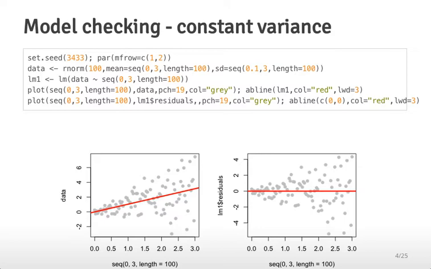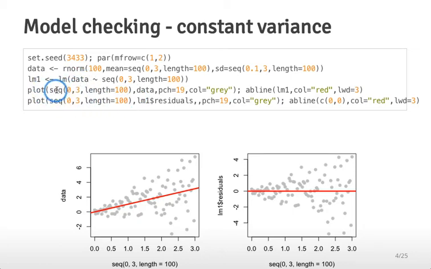So I'm going to look at how each of these can sort of change and what you can do to address them. For example, here I've created a data set where the x values are 100 values equally spaced between 0 and 3, and the y values are just normal values, but they have increasing variance. So as the x value gets bigger, the y value has a bigger variance.